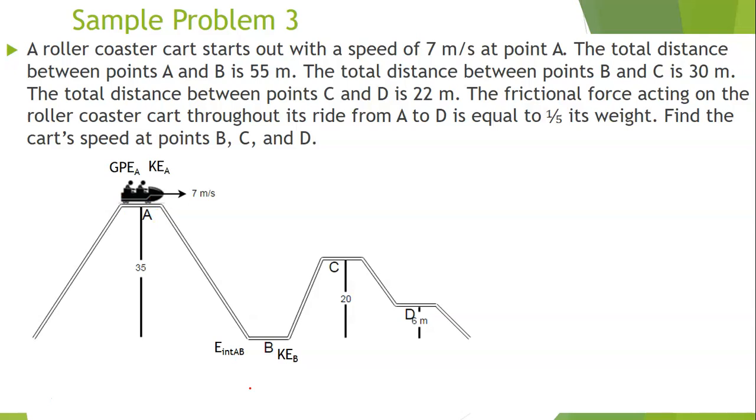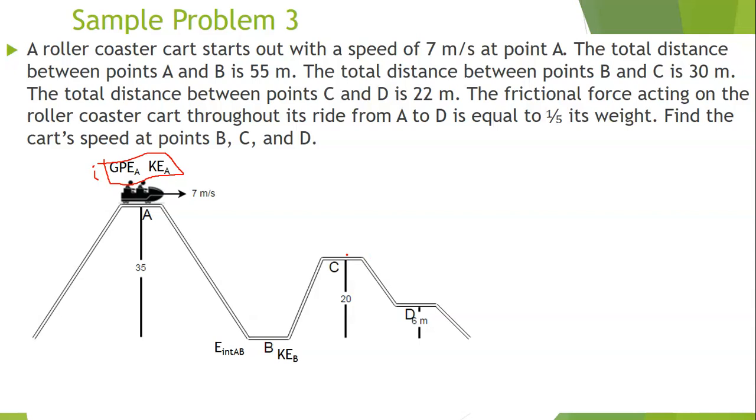So I'm going to call that the internal energy between A and B. Now, at this point, there's a couple different ways you can analyze the problem. The way I am going to analyze it is I am going to say that this right here is my initial scenario, and that is an I standing for initial. I'm going to leave that as my initial scenario for the rest of the problem.